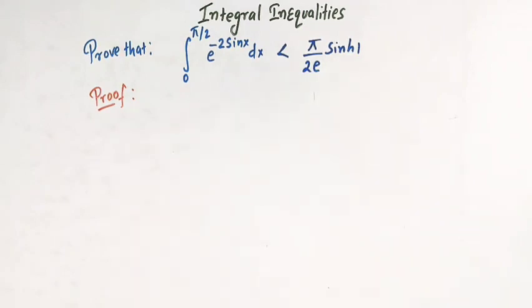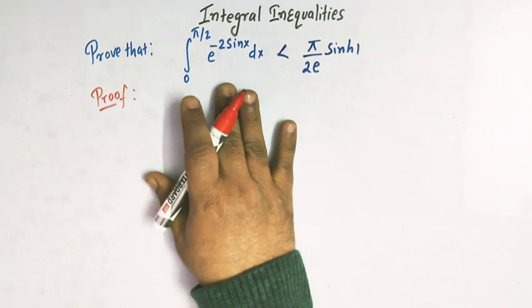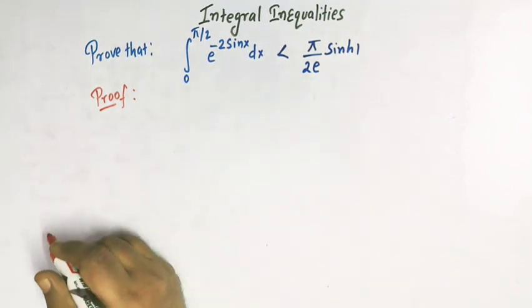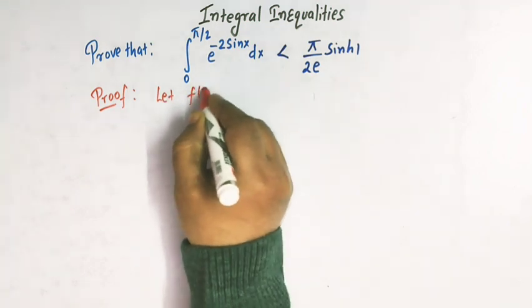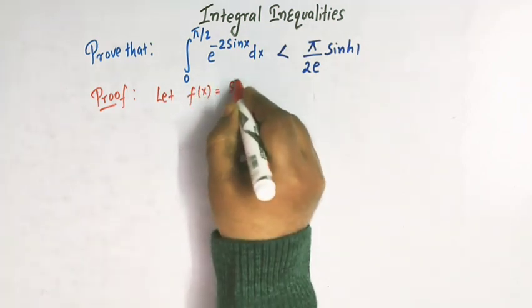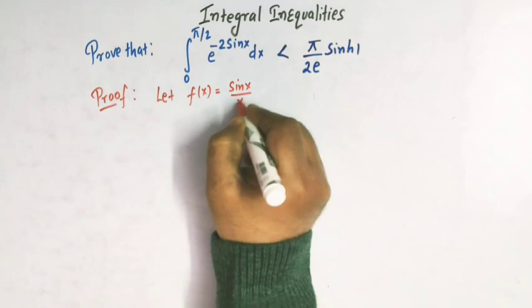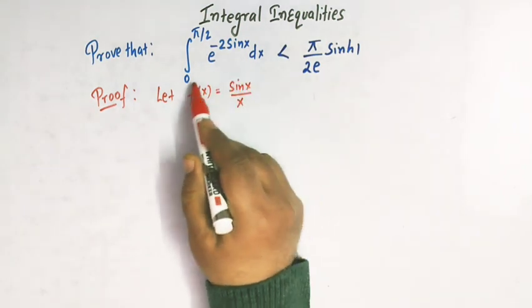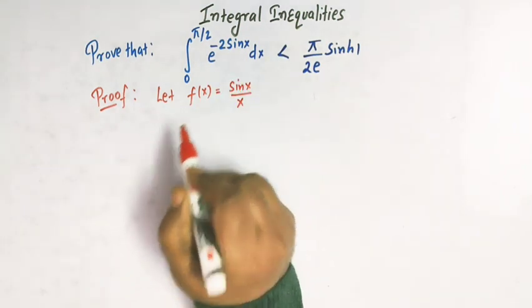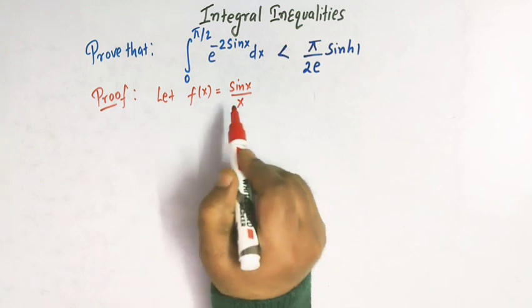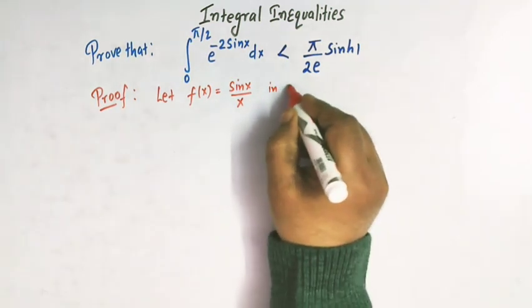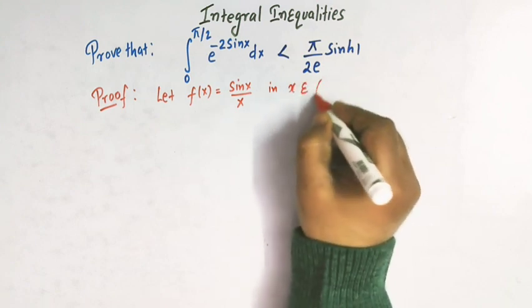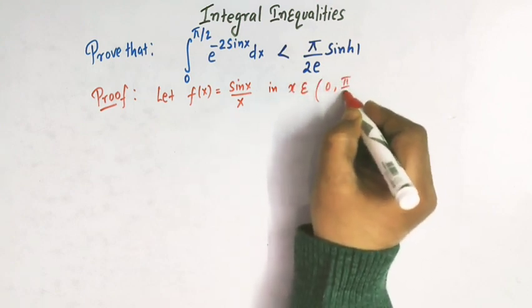So let us start. To prove this integral inequality, we'll start with a function, say f of x is equal to sine x over x, right? First we'll prove that this function is a decreasing function in the interval x belonging to 0 to pi by 2.